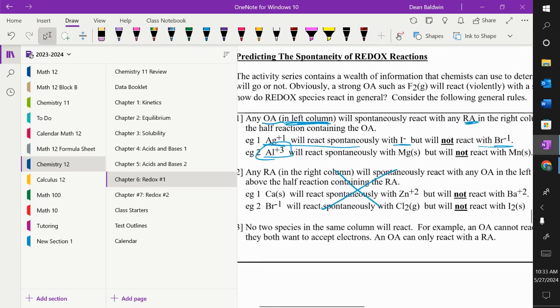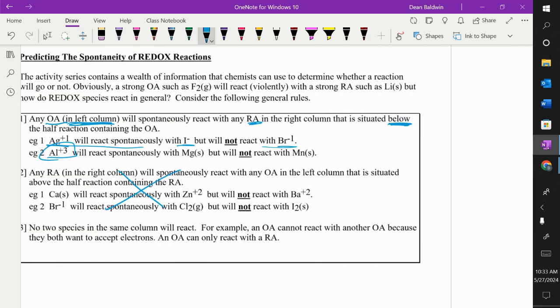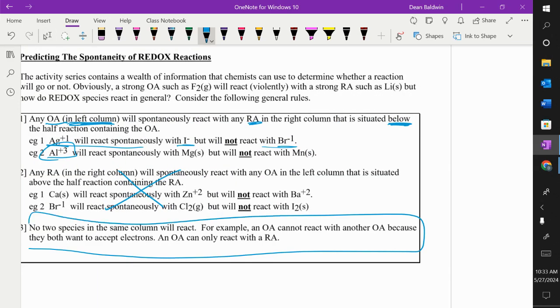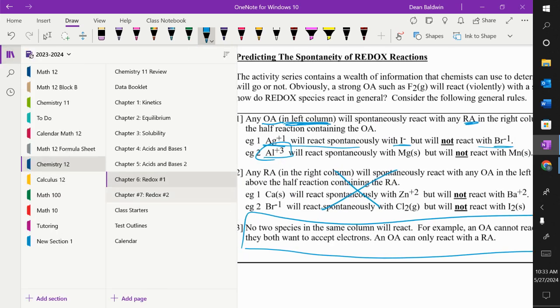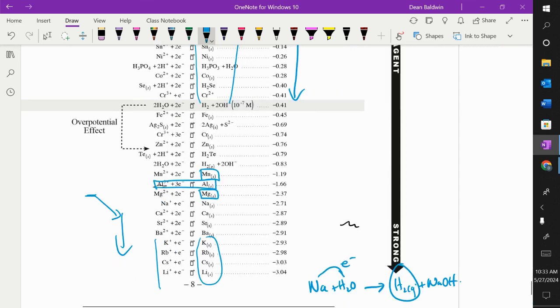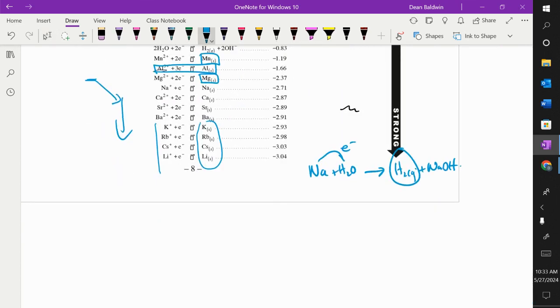But this is important. No two species in the same column can react together. So for example, if I have lithium and cesium ions together, there will be no reaction because they're in the same column. But cesium ion will react with lithium metal, because the lithium metal wants to give up an electron.